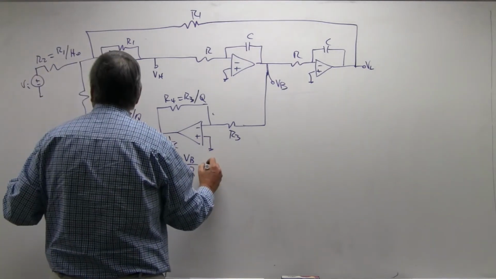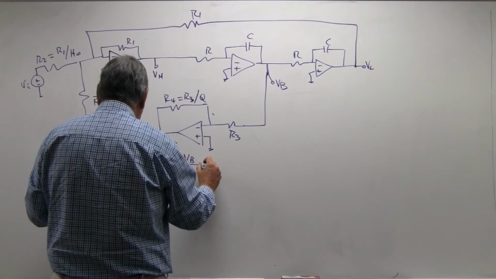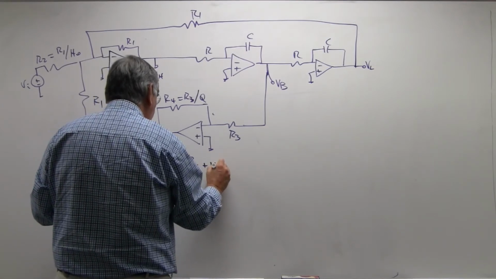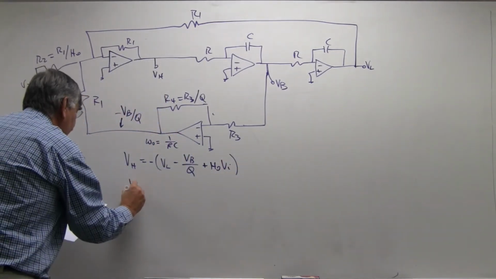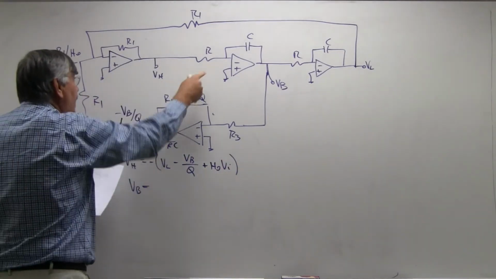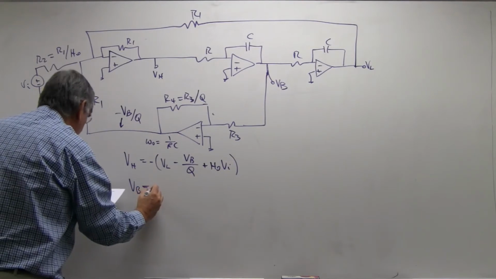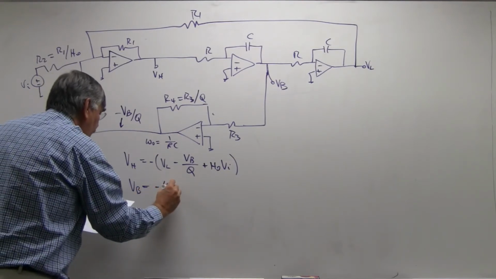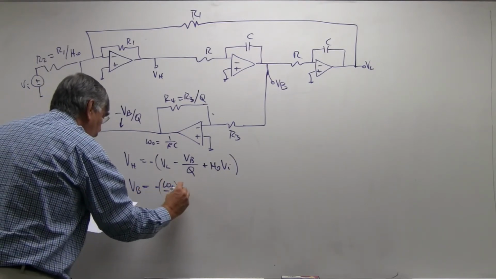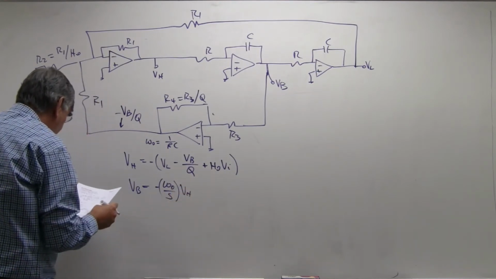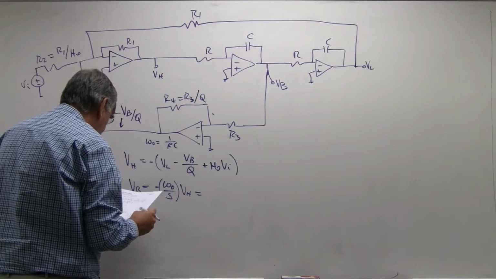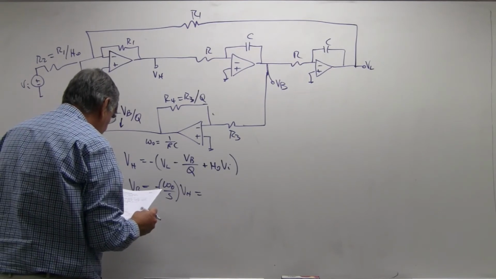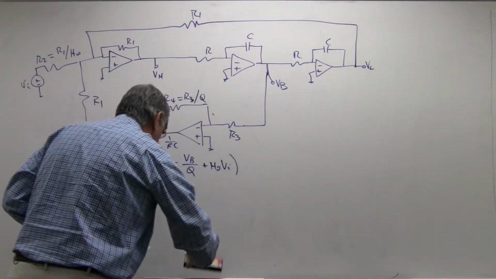Then we're going to bring this one in, the input, and it's going to have H0 times VI. And the next equation says that VB is just the integral of VH, minus omega naught over S times VH, which turns out to equal, don't have anything else for it yet.